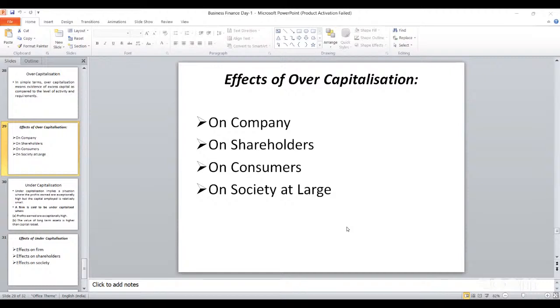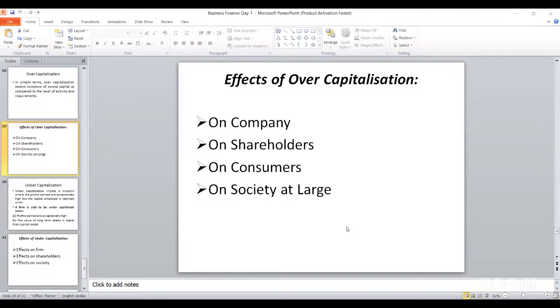So, in simple terms, for example, if a company is earning a profit of 50,000 and the normal return rate is 10%, that means the amount of shares and debentures should be 5 lakhs.